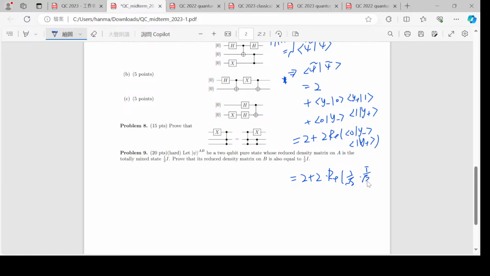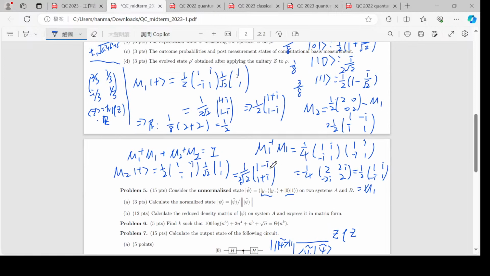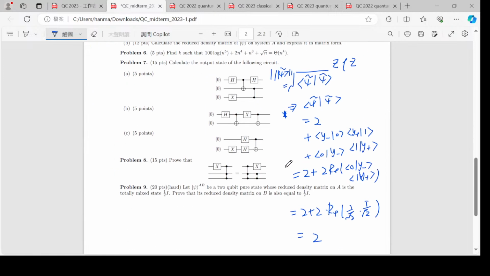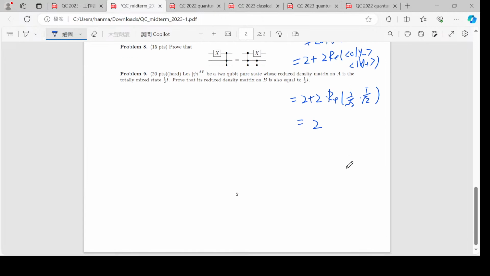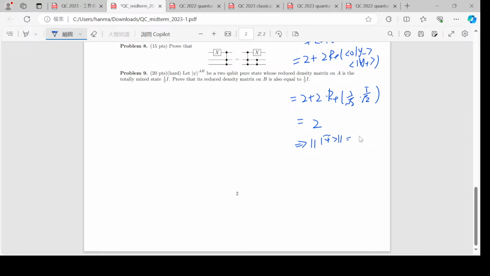It's an imaginary number, so it goes away, and the normalization should be just 2. Not very sure, but it seems like the norm squared equals 2, and so the norm should be square root 2.